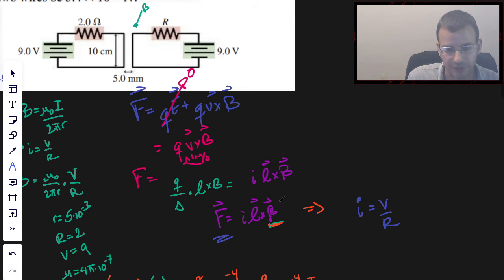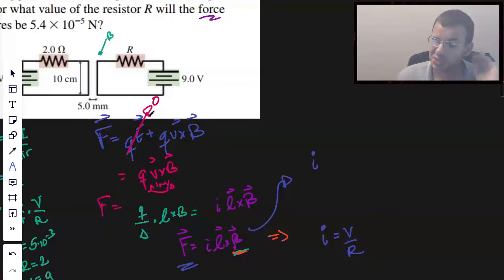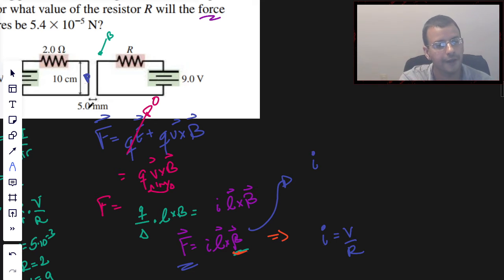So what we effectively want to do is rearrange this. We want to solve for the current. So for this L cross B, a cross product is a measure of how perpendicular two vectors are. If we do the right-hand rule on this wire coming down, thumb going down, direction of current, wrap your fingers, the magnetic field at this wire is going to be coming out of the page.